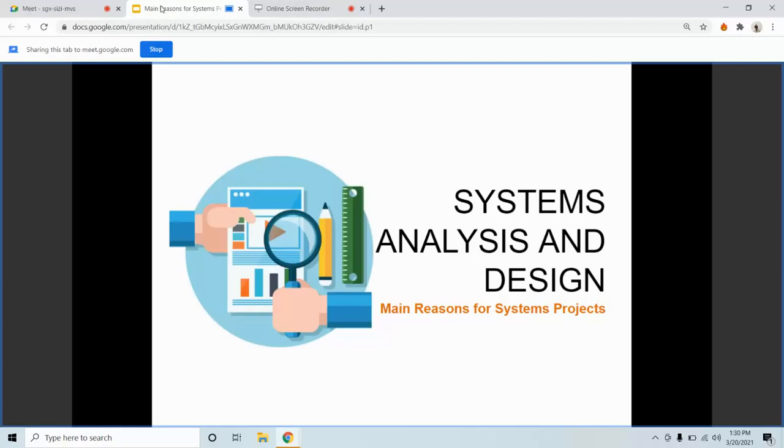Now, let's talk about the reasons why organizations deploy projects or begin developing software. The good thing to understand here is that when I say organization, let's not only focus on the library.